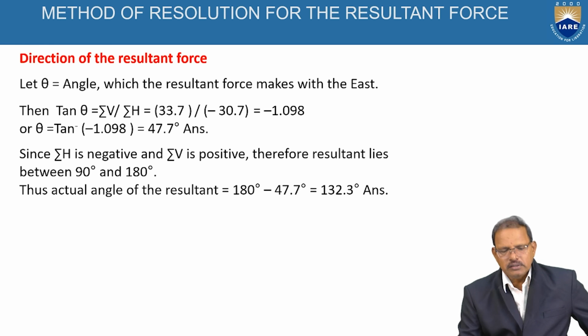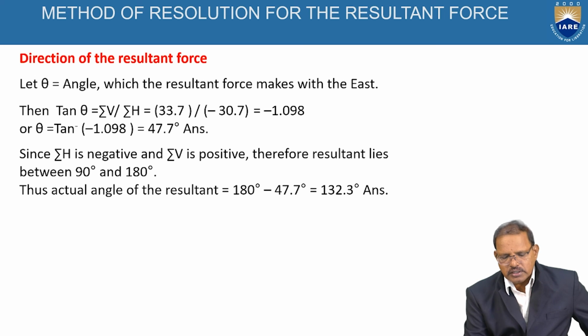If theta is the angle made by the resultant force with the x-axis, that is the west and east line, then tan theta is equal to sigma V by sigma H, which is equal to 33.7 divided by minus 30.7, which is equal to minus 1.098. So theta is equal to tan inverse of minus 1.098, which is equal to 47.7 degrees as shown in the figure.